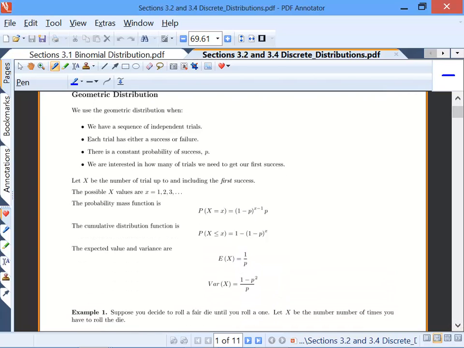So we use the geometric distribution when we have a sequence of independent trials. Each trial has either success or failure. There's a constant probability of success, p, and we're interested in how many trials we need to get our first success. Why is this different than the binomial?